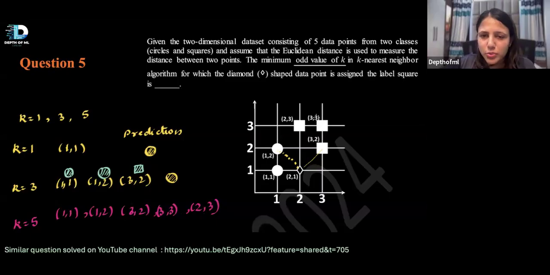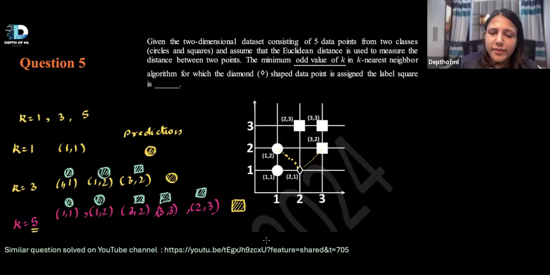You can just take a max vote on this, and obviously now I know this will be classified appropriately. So this is a circle. 1, 2 is a circle again. 3, 2 is a square. Correct? This is also a square, and this is also a square. Correct? So the prediction value will be square. Right? So hence k is equal to 5 is our answer.